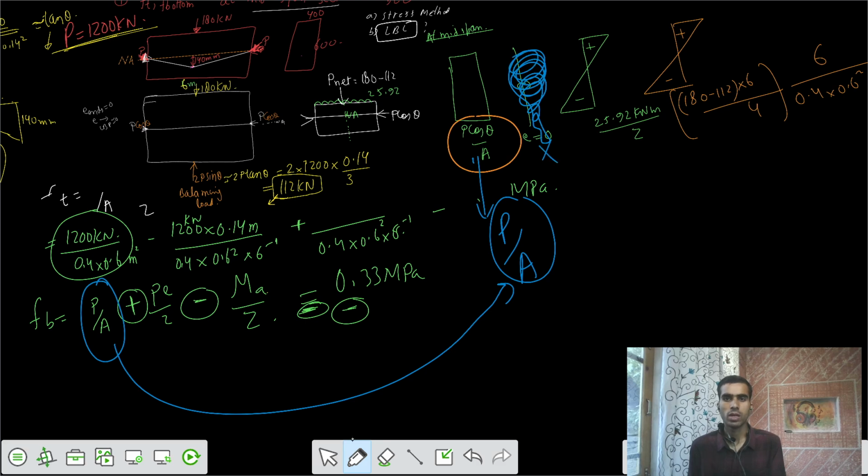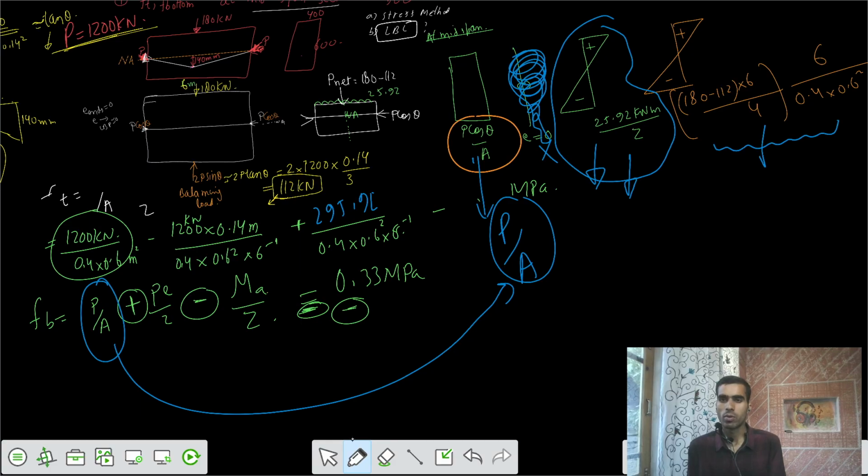After that, because of the moments from the dead load, we had that moment of 25.92, and we have already calculated that part. And the third one is that you have to calculate the moment caused by this net vertical load of 180 minus 112 kilonewton, and that stress is equal to 10.33.